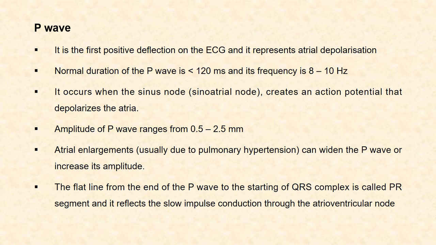Atrial enlargements, usually due to pulmonary hypertension, can widen this P wave and increase its amplitude. The flat line from the end of the P wave to the starting of QRS complex is called PR segment, and this reflects the slow impulse conduction to the atrioventricular node.